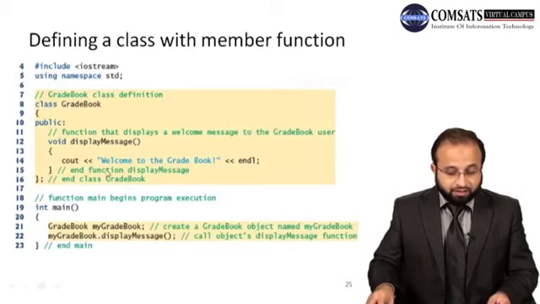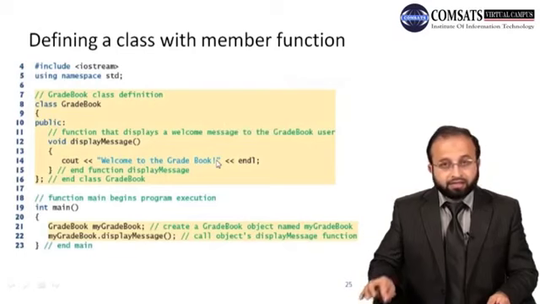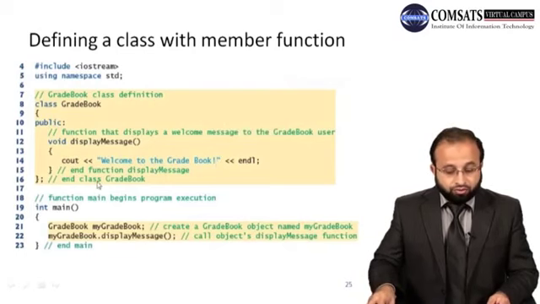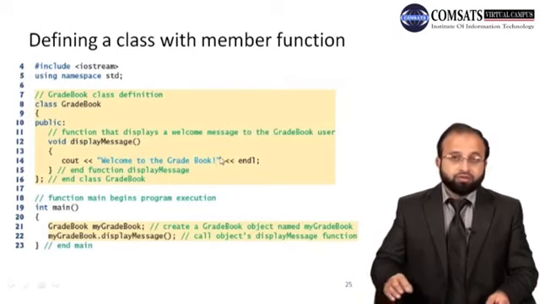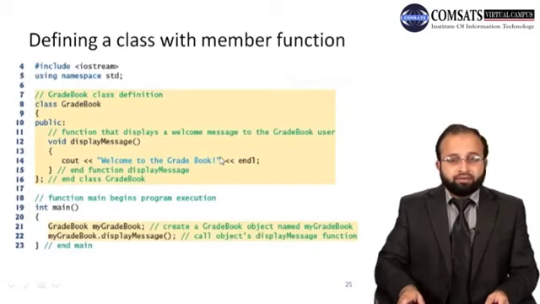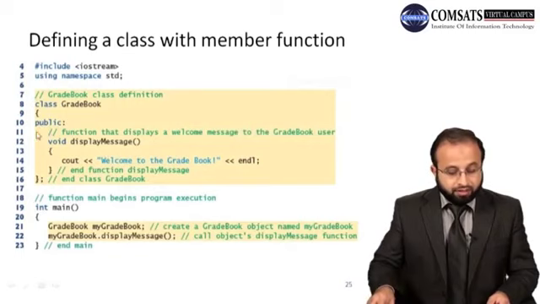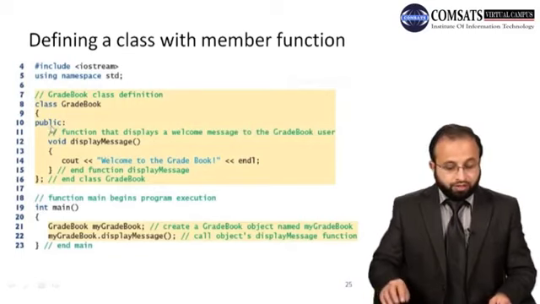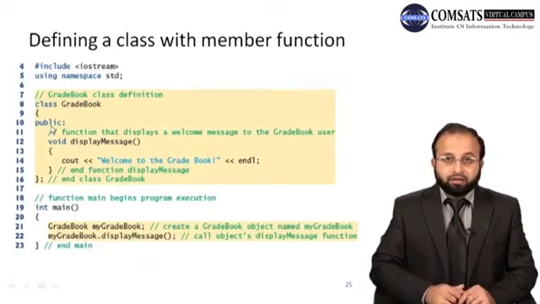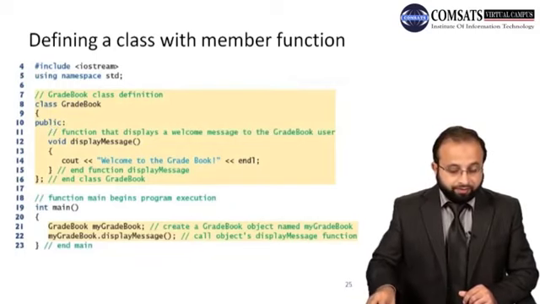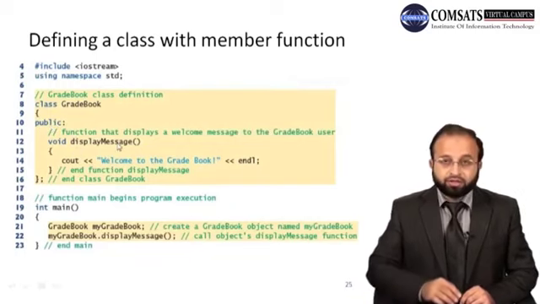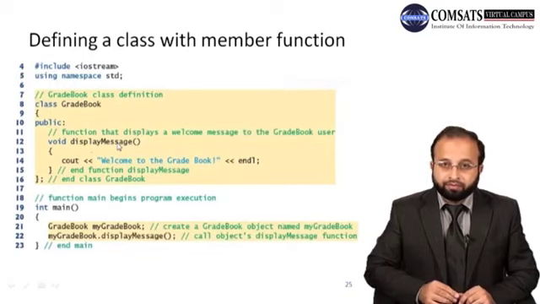So whatever is inside the double quotes will be displayed as it is. Inside these double quotes, you can use any of the escape sequences that we have seen in the programming course. Now then there is a keyword public. This means that this displayMessage function is a public function.